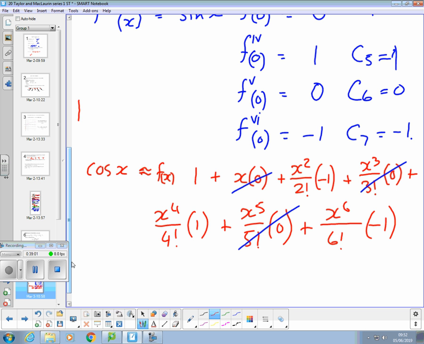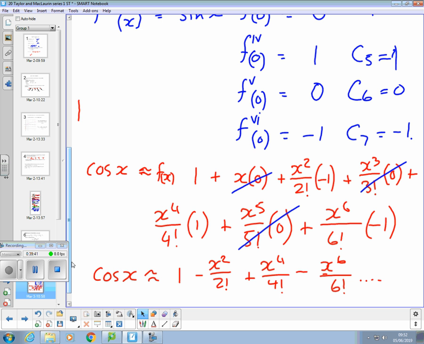So we can say cos of x is approximately equal to this power series. 1 minus x squared over 2 factorial plus x to the 4 over 4 factorial minus x to the 6 over 6 factorial. And we could carry that on.